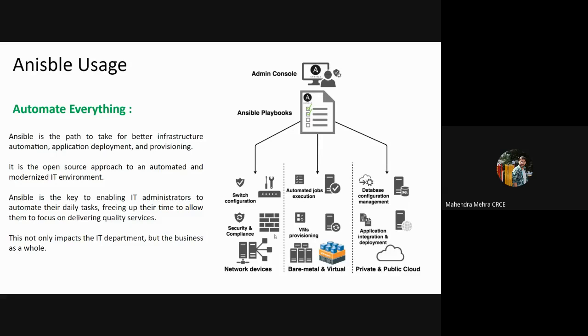You can configure it on your private hosted infrastructure, or you can also do the same on public or private clouds as well. So there is no limitation. You can either have it on your local machines, or you can also configure the same on cloud services using the cloud modules or cloud plugins.